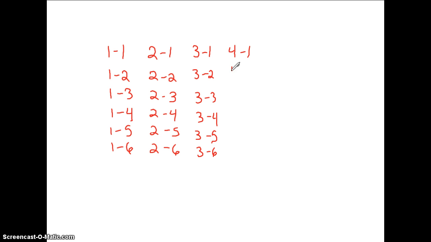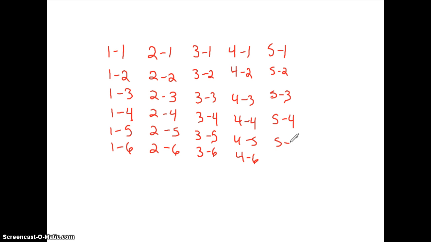With the 4s, 4,1, 4,2, 4,3, 4,4, 4,5, and 4,6. 5,1, 5,2, 5,3, 5,4, 5,5, 5,6, and 6,1, 6,2, 6,3, 6,4, 6,5, 6,6. So that would be your sample space. If you have 2 fair die, those are all the possibilities you can get.